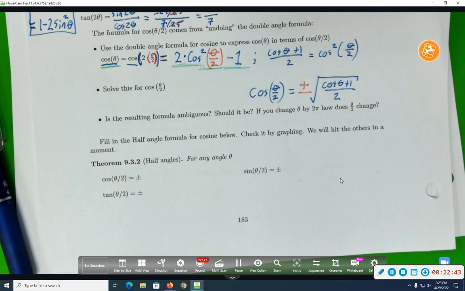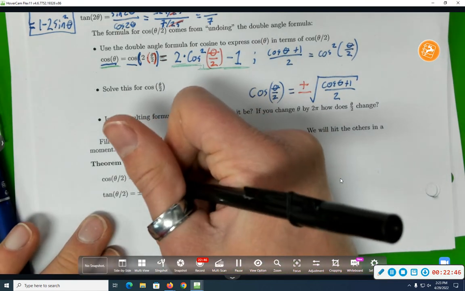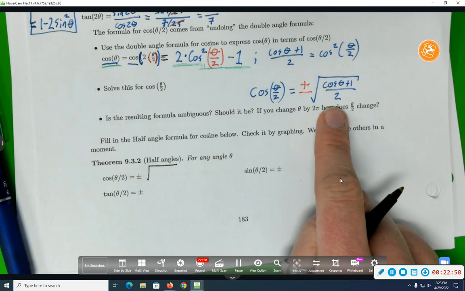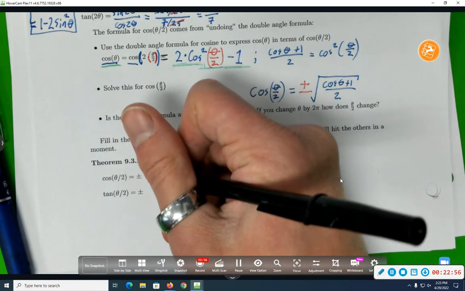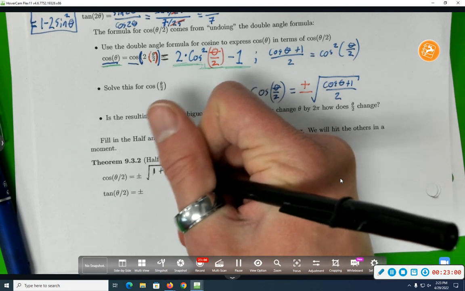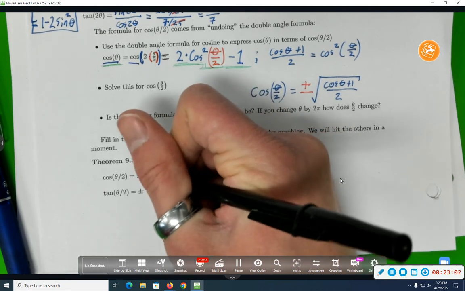So the cosine of theta over 2 is plus or minus the square root of, I'm going to take what's written exactly there, but I'm going to put the 1 before the cosine. It doesn't make a difference, but it'll make the half-angle formula for sine look more natural. 1 plus cosine of theta all over 2, big square root.